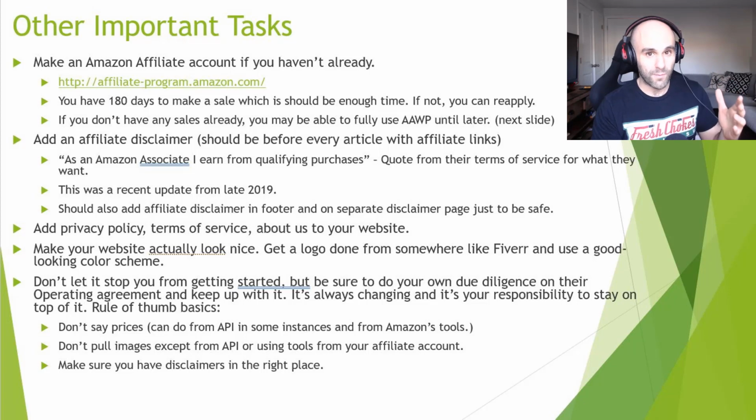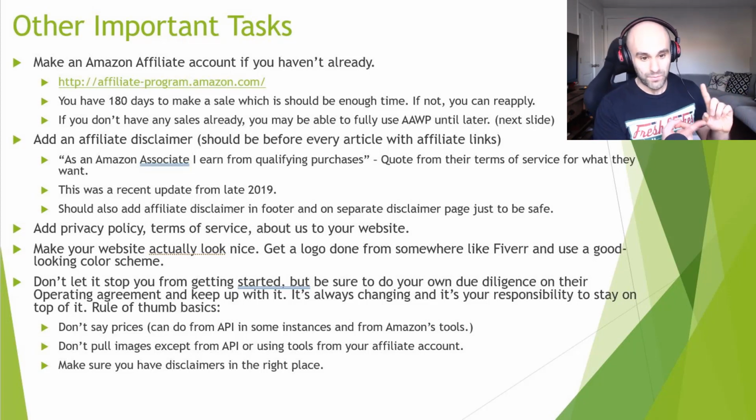But here are some rules of thumb that are pretty much well established, like universal rules, for if you're going to be doing an Amazon affiliate site. Don't do these things. You don't want to say prices. You can do it from the API in some circumstances and from Amazon's tools, but I just stay away from saying prices in general.